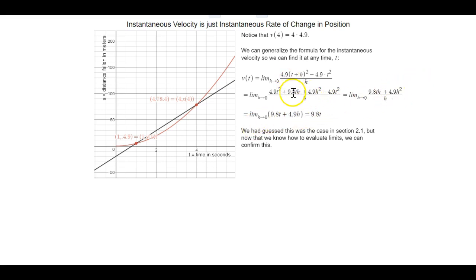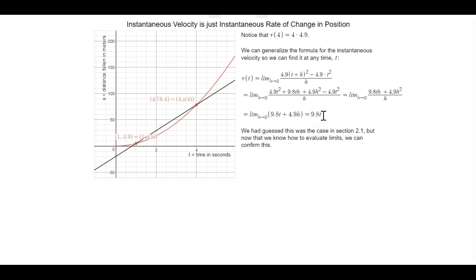That 9.8 th that you get from expanding this term, the h gets factored out so that you can cancel it with the denominator, and you're left with 9.8 t plus 4.9 h. But then when you take the limit as h goes to 0, this term goes away and you're left simply with 9.8 t.